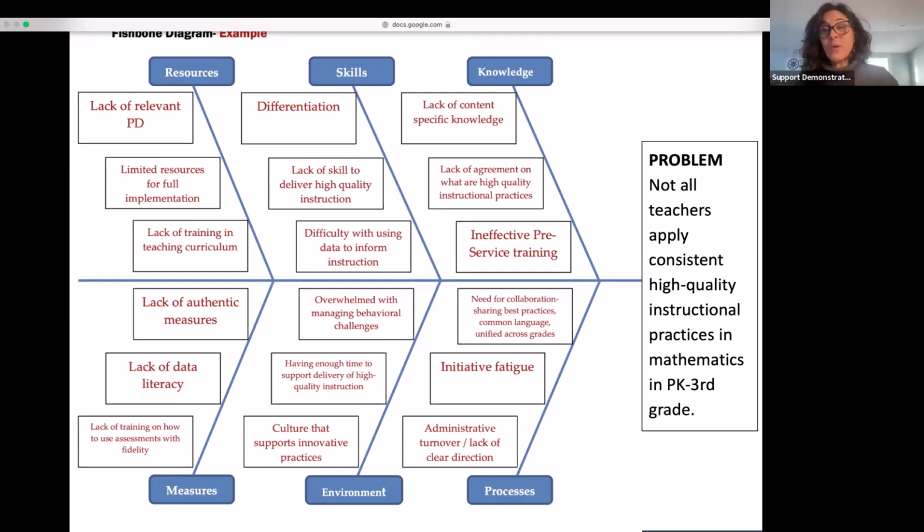You start another one because all of a sudden we can get rid of ineffective pre-service training because that's not something that's in our control. And other people in a group may have different things to say, and the more you talk, I think the more likely you are to get to causes that are realistic and targeted and relevant for your particular setting if you do this in a group.